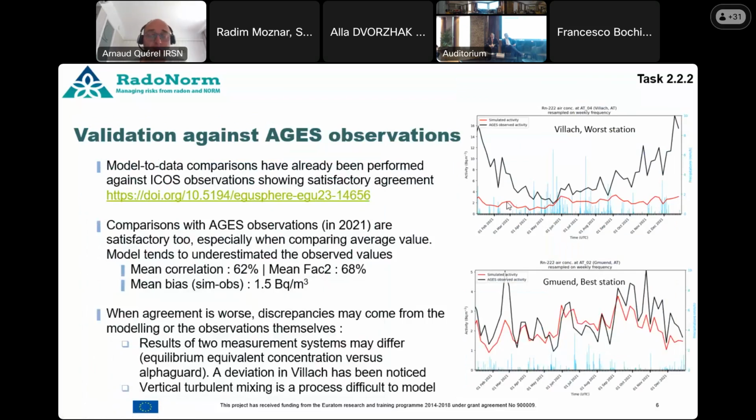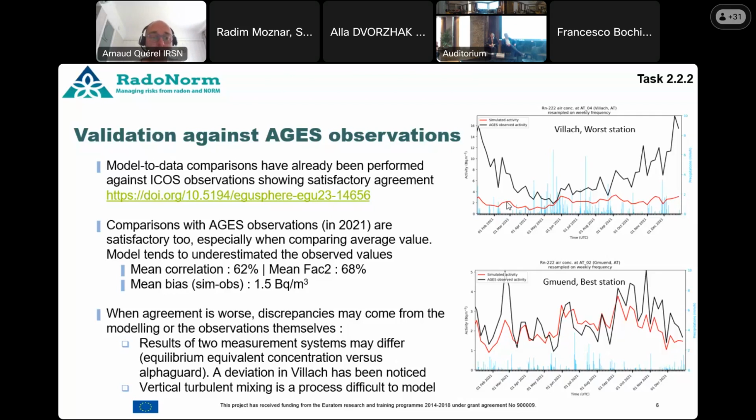So we compare the time series of the stations to the modeled ones. It has to be noted that this work has already been done against the ICOS radon air concentration network, and at the time we had already obtained quite good results.